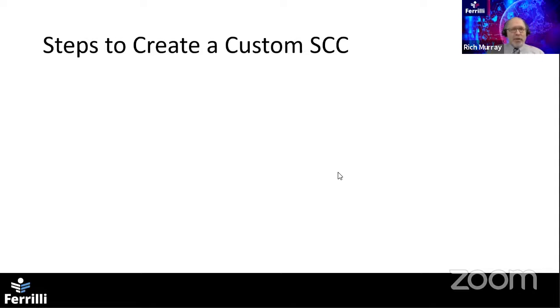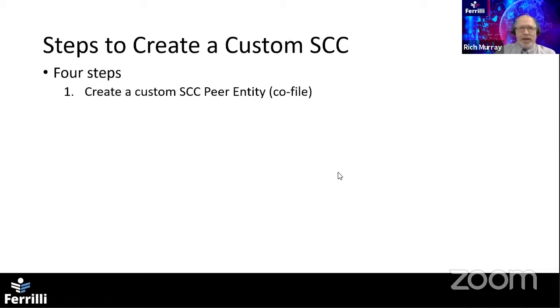All right, here are the steps to create and implement a stored computed column. The first thing you need to do is create a custom stored computed column peer entity. A peer entity is a co-file of an existing colleague file. So we're going to create a co-file for this stored computed column. We need to create a wrapper subroutine.